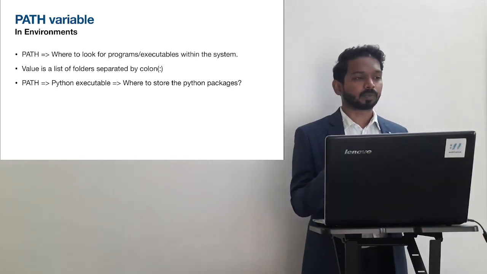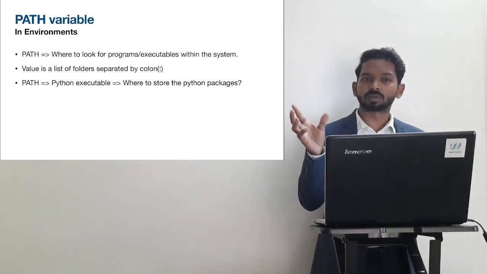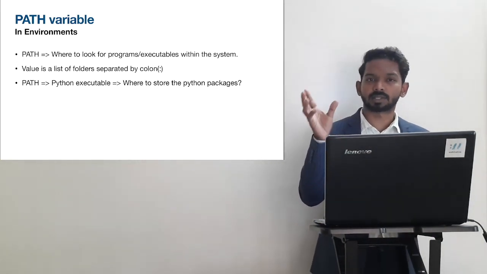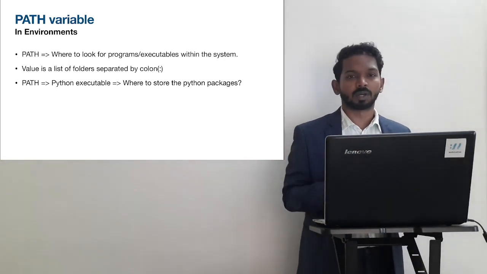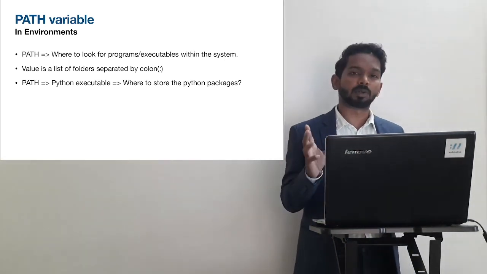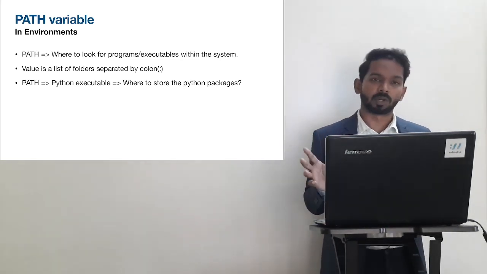So how does it do that? We all know that this python3 interpreter is stored as an executable somewhere deep inside the system. And how does the system know where this particular interpreter is located? That is actually solved by the path variable.